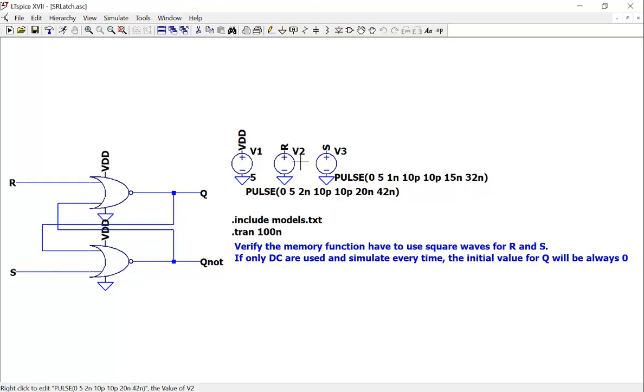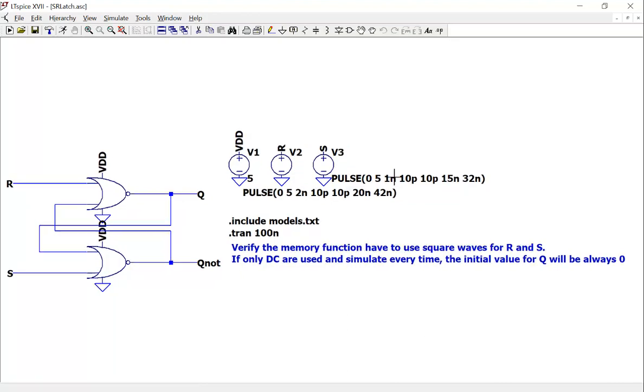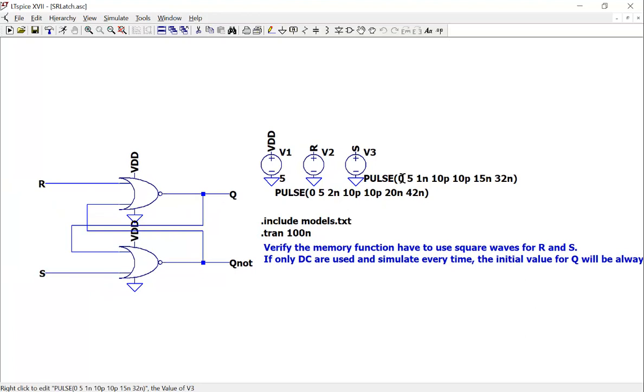So what I can do is assign a pulse function and another pulse function, but adding a little delay here, or they have different delays. For example, the first one: on voltage, off voltage, time delay, rising edge, falling edge, on time, and period.